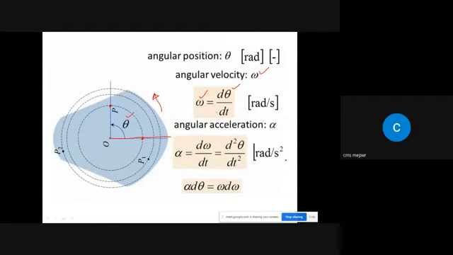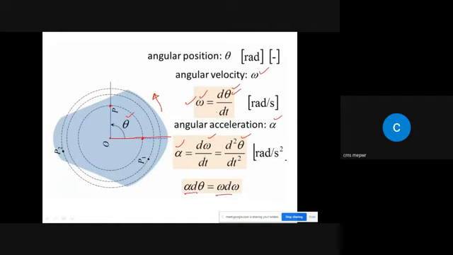Similarly, the angular acceleration can be determined by taking the time derivative of angular velocity, and that is further equal to the double time derivative of angular position or angular displacement. Now, if you combine these equations, that is angular velocity and angular acceleration, and from here eliminate the theta value, we can get a new equation, right?